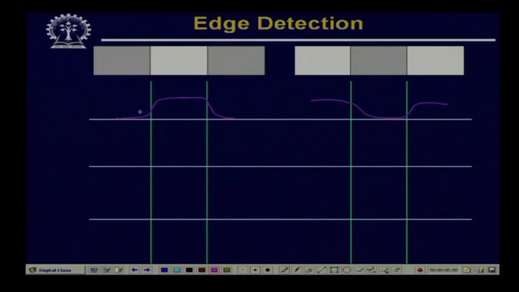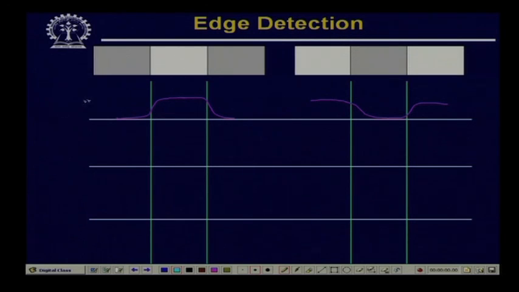Here we have modeled this transition as a gradual transition, not as an abrupt transition. The reason is that because of quantization and sampling, almost all the abrupt transitions in the intensity levels are converted to such gradual transitions. So, this is your intensity profile along a horizontal scan line.